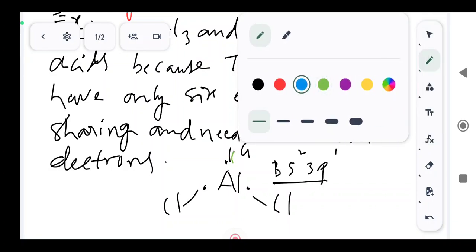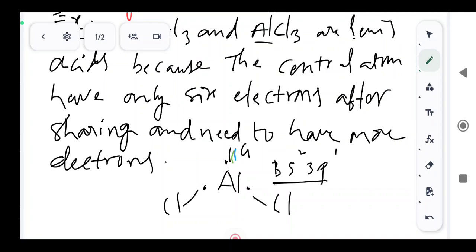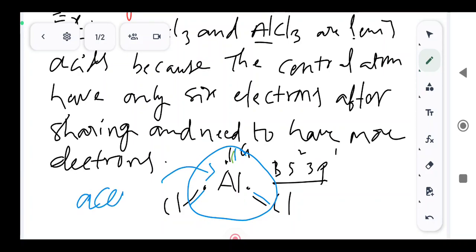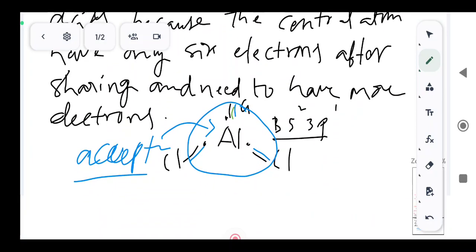So here it now has 6 valence electrons, and it wants more electrons, meaning it accepts a pair of electrons. So that is why aluminium chloride and iron chloride are acids.